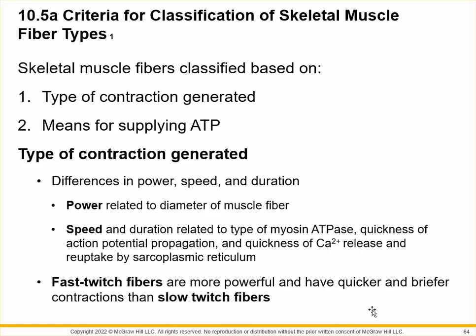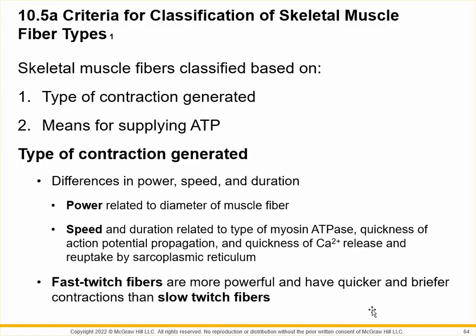Okay. So muscles are made up of different types of fibers, and we can classify the different types based on two things: the type of contraction generated, and that is power versus speed. So it's really fast and slow contractions.